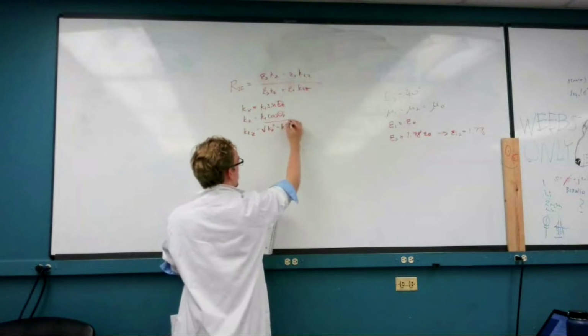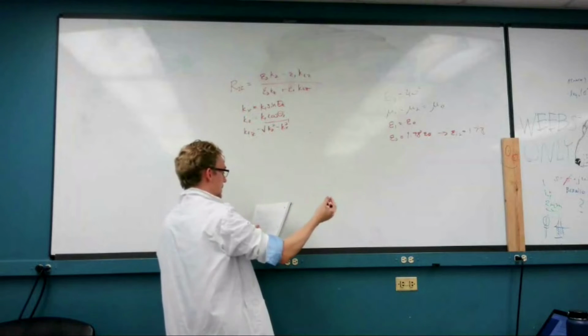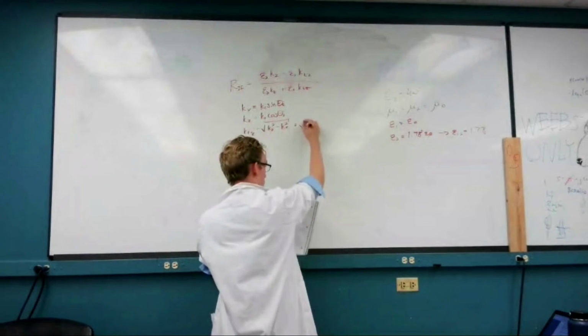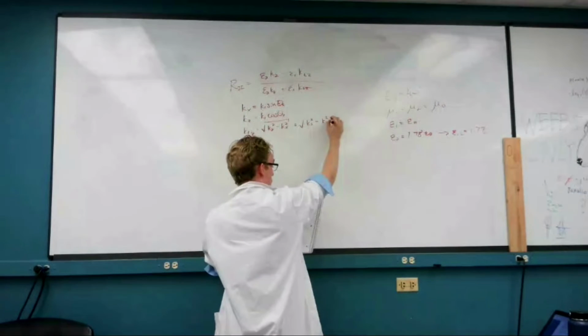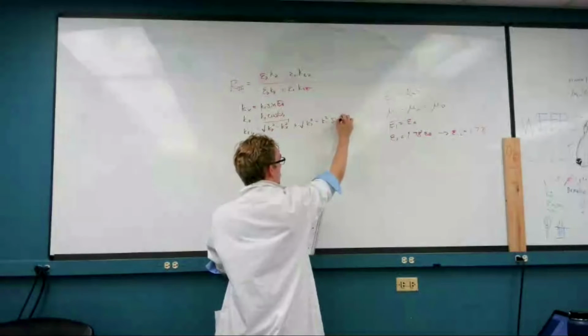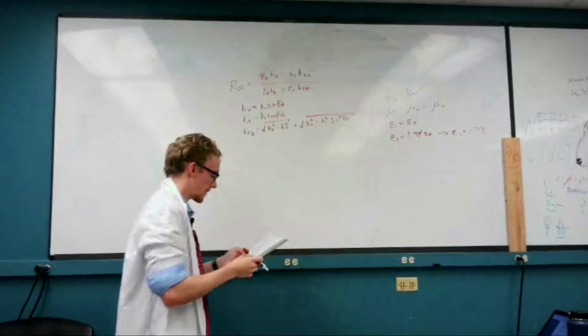This is from the phase matching condition, which, if you substitute this kx in here, you'll find is equal to the square root of k2 squared minus k1 squared sine squared theta I. That'll be nice and handy in a minute.